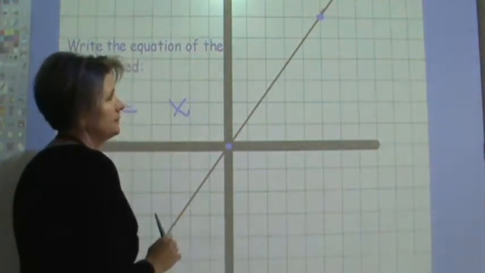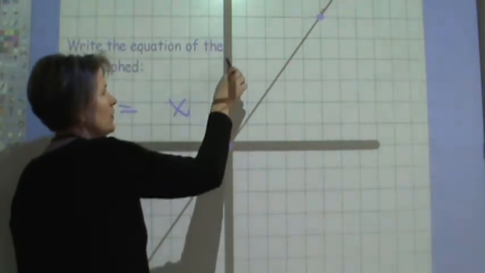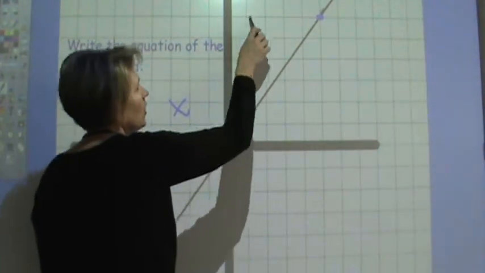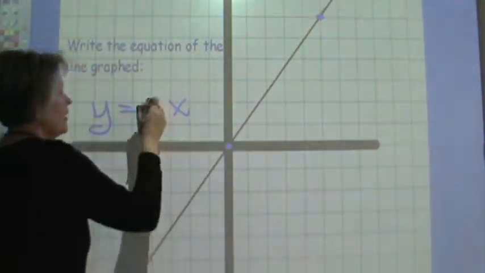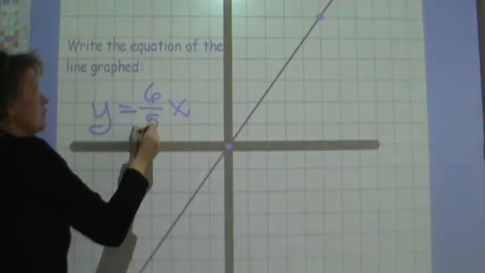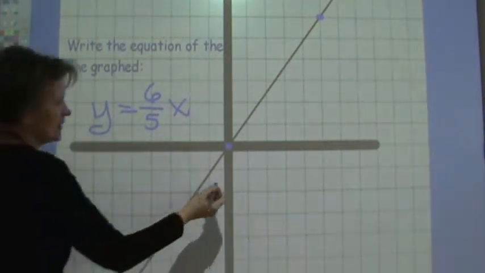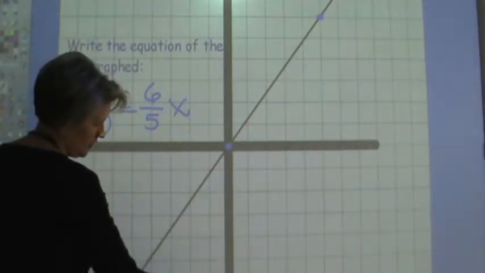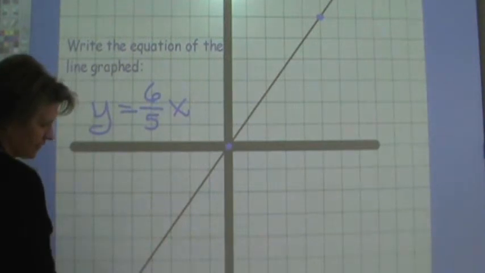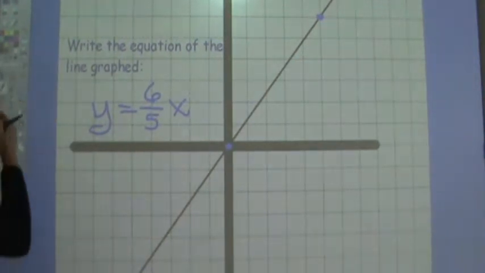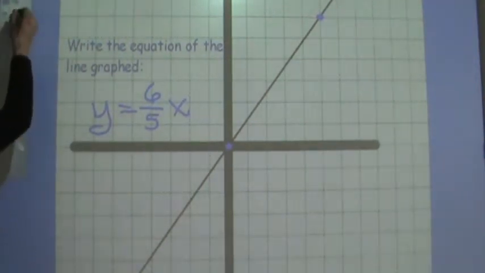Looks like right there. So 1, 2, 3, 4, 5, 6. Then 1, 2, 3, 4, 5. Rise of 6, run of 5. That's the slope, so that's my equation of my line. I could have also gone down 1, 2, 3, 4, 5. Same thing. Negative 6 over negative 5 is positive.